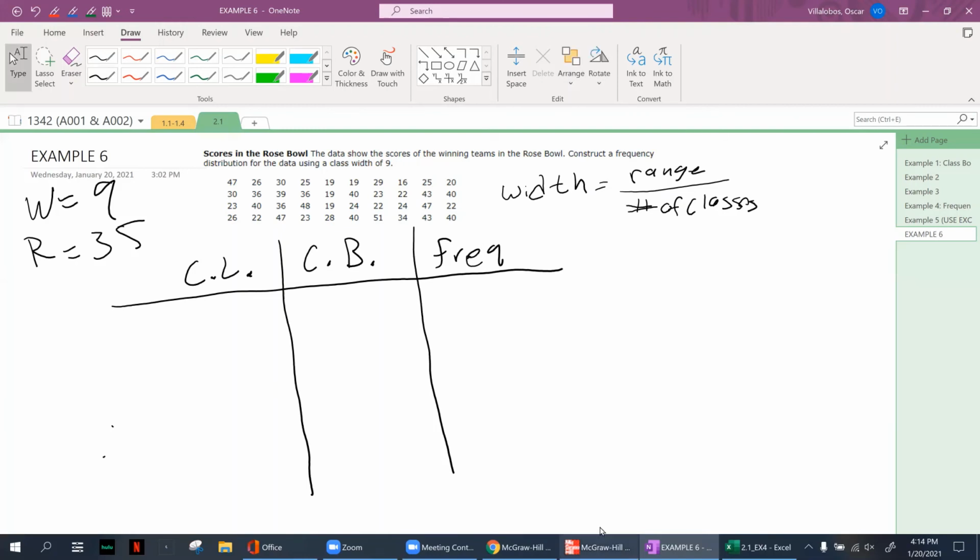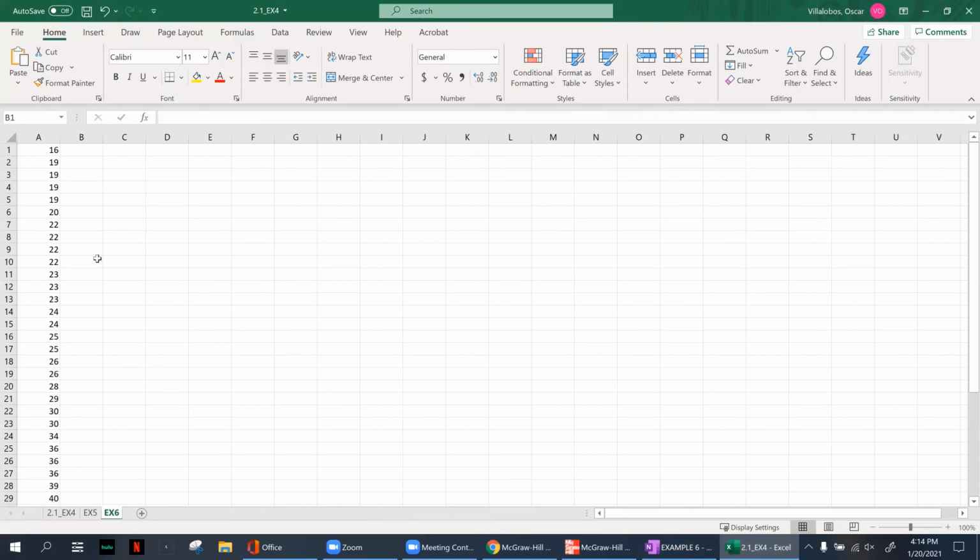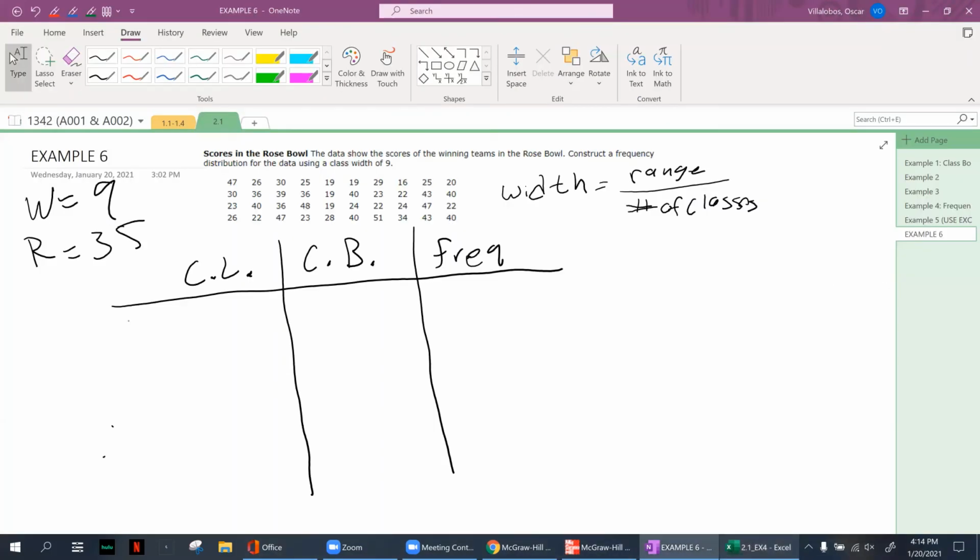The lowest value, let's go back to Excel, was 16. So I know I'm going to start at 16, and then I'm going to add the width. So that'll be 16 plus 9, which gives me 25.